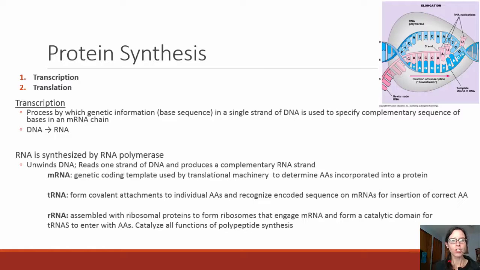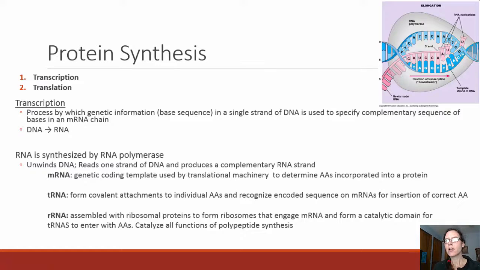So this occurs with the enzyme RNA polymerase. You can kind of see a picture here, and I have a better picture coming up. But so this big enzyme right here is the RNA polymerase. And as it goes along a DNA strand, it unwinds the DNA strand and reads one strand of the DNA to produce a complementary RNA.